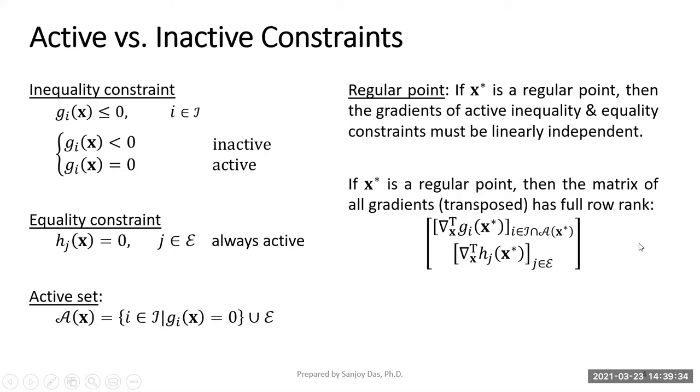So all the active inequality constraints, their gradients, and the gradients of all the equality constraints, because equality constraints are all active. If we take the transposes of all these gradients, and each of those becomes a row, then this matrix should have full row rank. That makes x star a regular point.